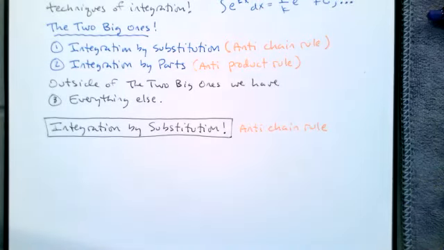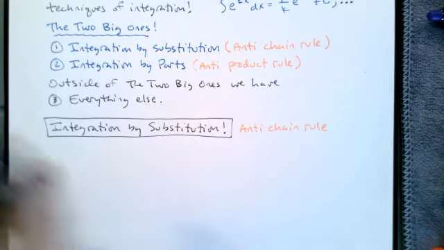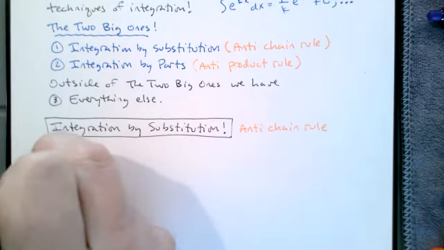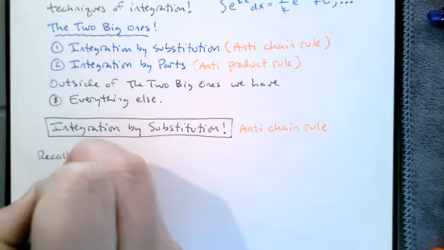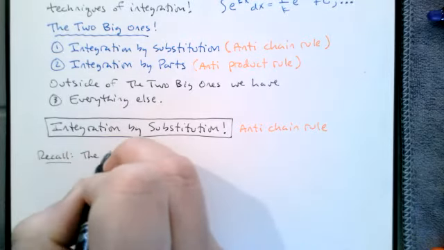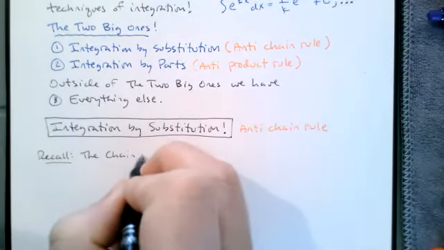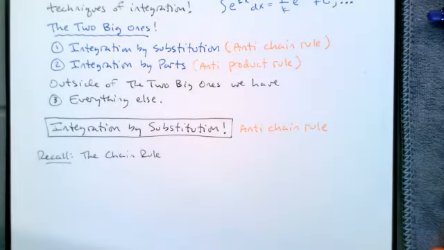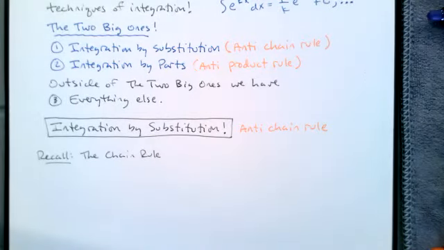So let's look at what we have when we're looking at the chain rule. The chain rule, let's recall, is for derivatives of compositions of functions.